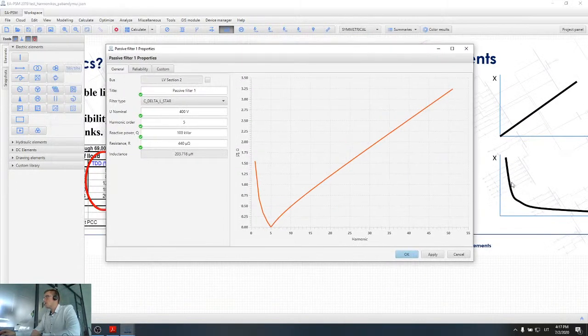Here I have reducing impedance, and here impedance is also reducing. The higher the frequency, the smaller the impedance. However, when I reach the fifth harmonic, the impedance of this filter is very small and almost equal to 0. It depends on the resistance only. If the resistance, let's say, is 0.1 ohm, then the impedance will also be 0.1 ohm.